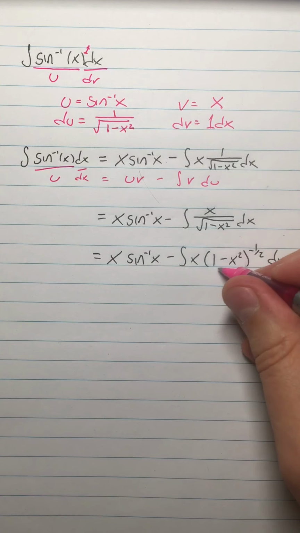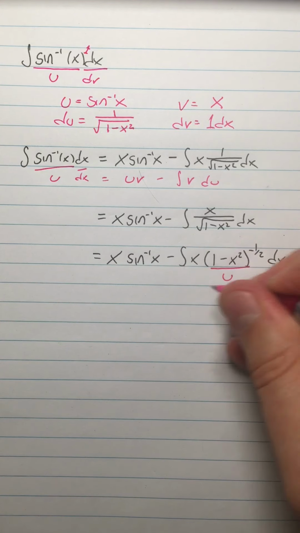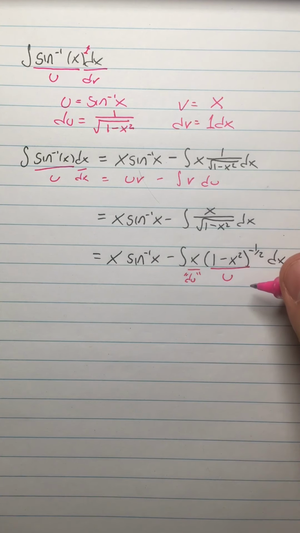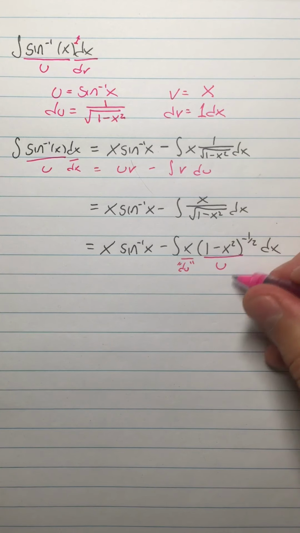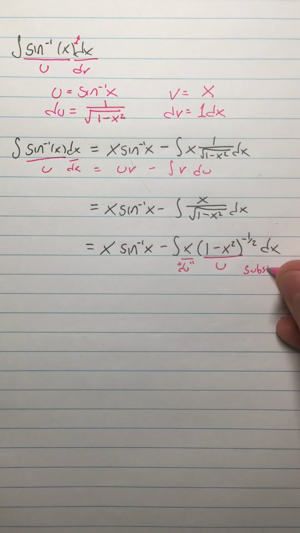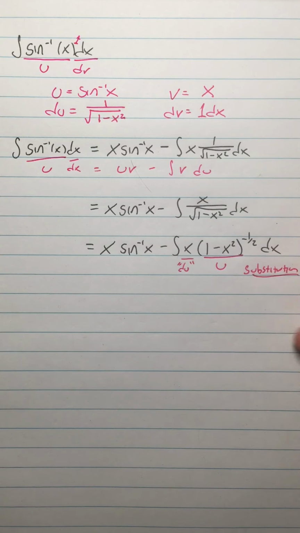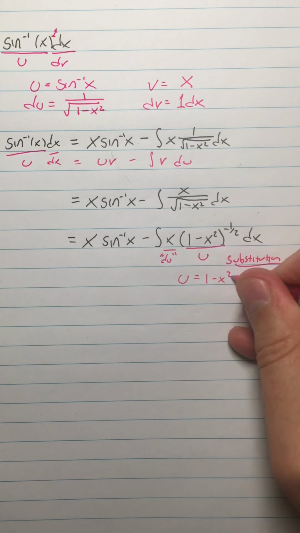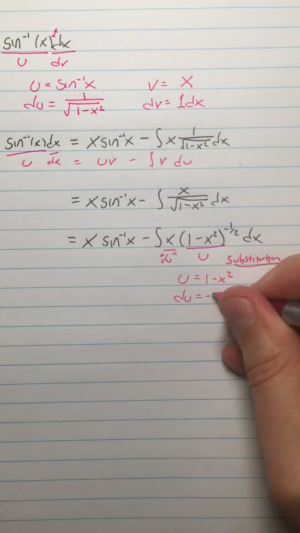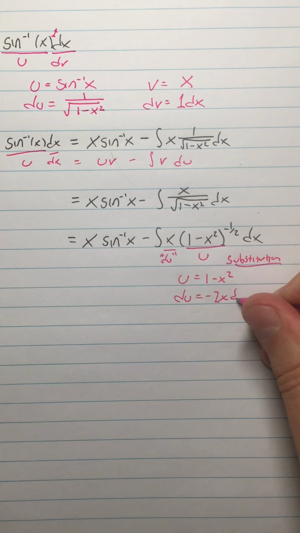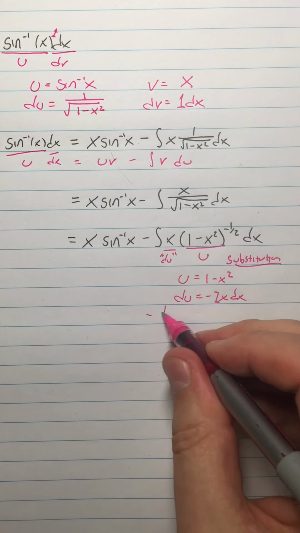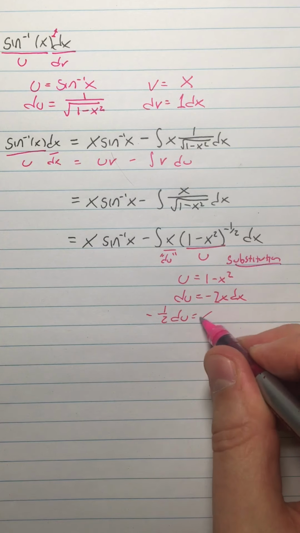Because now I can use substitution, where this is u and this is a linear multiple of du, so I'm going to call it du-ish. So now I'm going to use substitution instead of parts. By substitution, my method is to say u is equal to 1 minus x squared, du is equal to negative 2x dx. I want just x dx, so I'm going to make negative 1/2 du equals x dx.